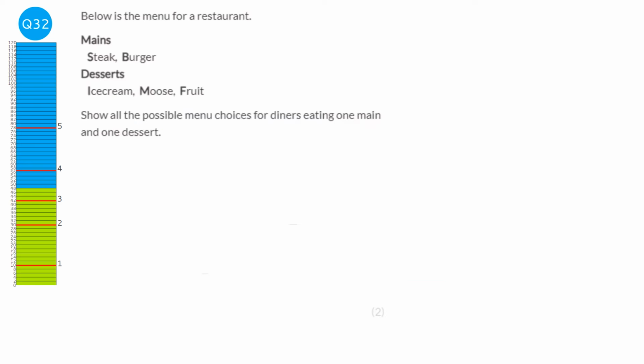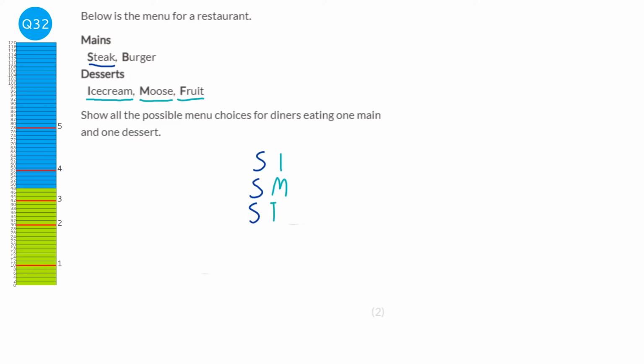It's really important when answering this question that we're really methodical. So we're going to start off just looking at steak. And so I'm going to start off with the S. And we're going to pair it with the first dessert, which is the ice cream. Then we're going to pair the steak with the second dessert, which is the mousse. Then we're going to pair it with the third dessert, which is the fruit.